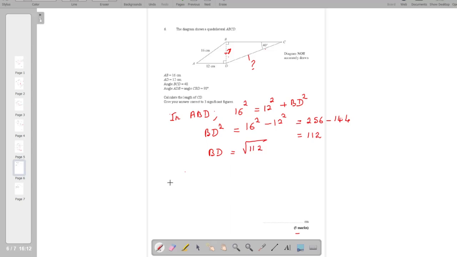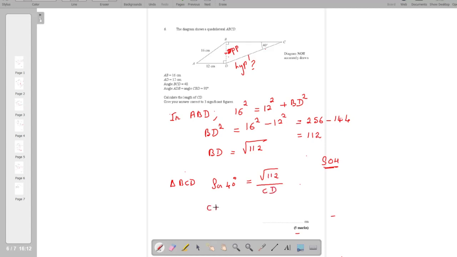So now look at triangle BCD. We know the opposite. This is the opposite side. This is the hypotenuse. So we can use here the rule sin. Sin is equal to opposite over hypotenuse. So sin 40 is BD, we already know, square root of 112 over CD.